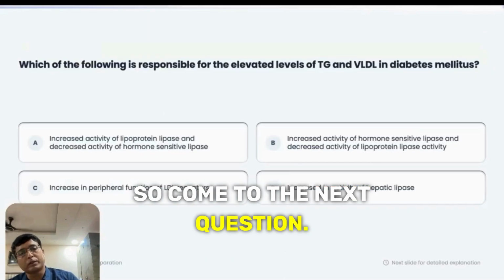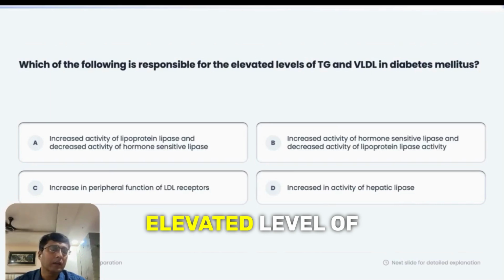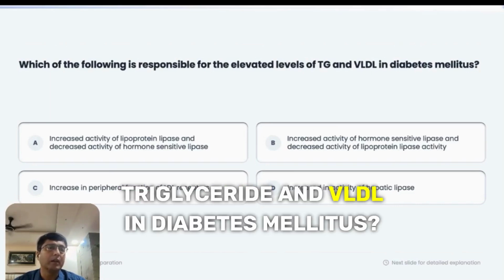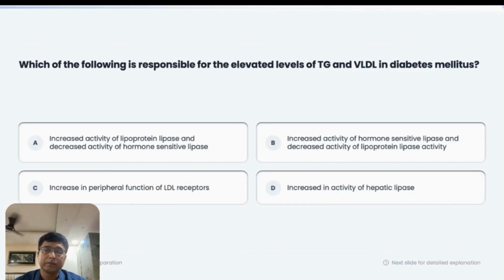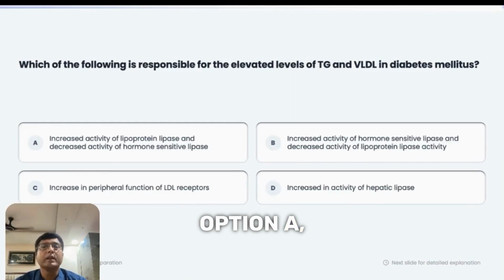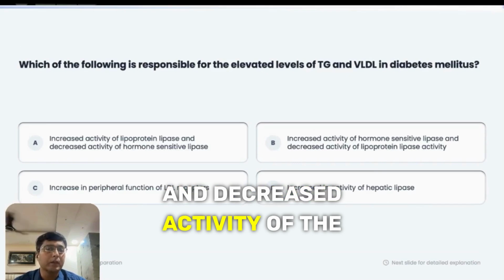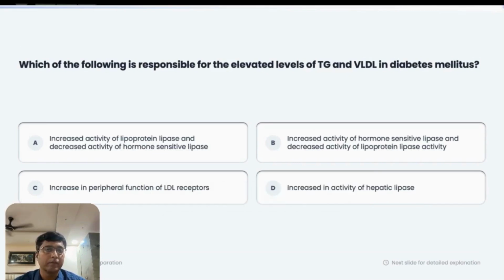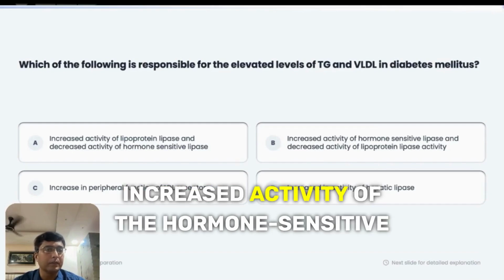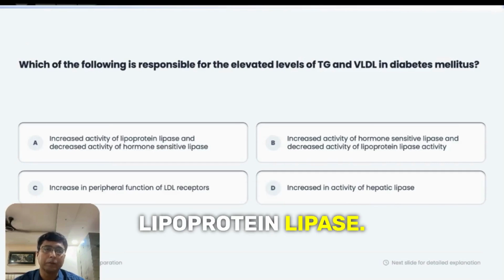So come to the next question. Which of the following is responsible for elevated level of triglyceride and VLDL in diabetes mellitus? Option A, increased activity of the lipoprotein lipase and decreased activity of the hormone sensitive lipase. Option B, increased activity of the hormone sensitive lipase and decreased activity of the lipoprotein lipase.